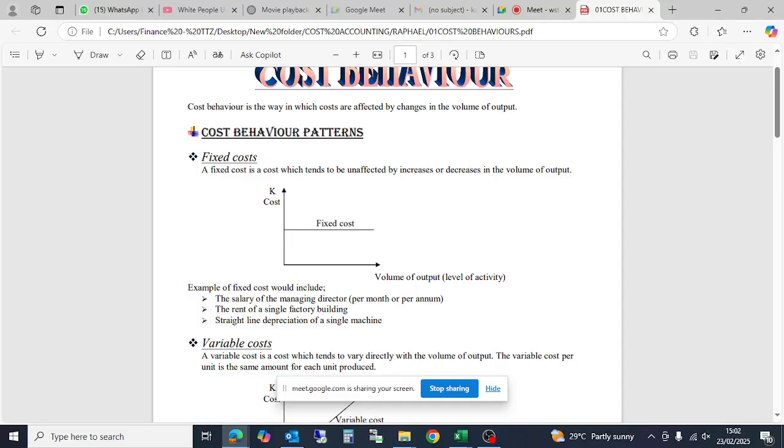I don't know whether you can consider those as fixed costs. I'm saying there are some fixed costs which are pronounced in the national budget.